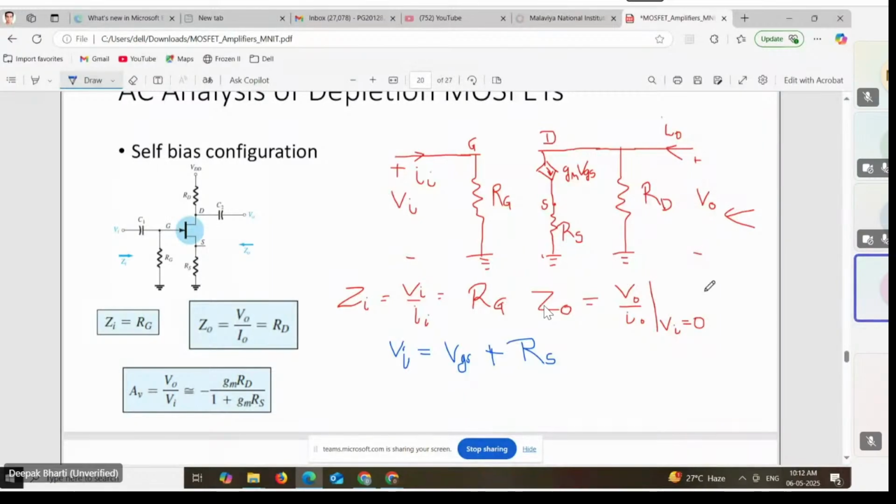Here it will be Io, and let me also write like this, if this is the current ID, ID is the drain current passing through the drain resistor. So ID plus Io is equal to gm VGS.